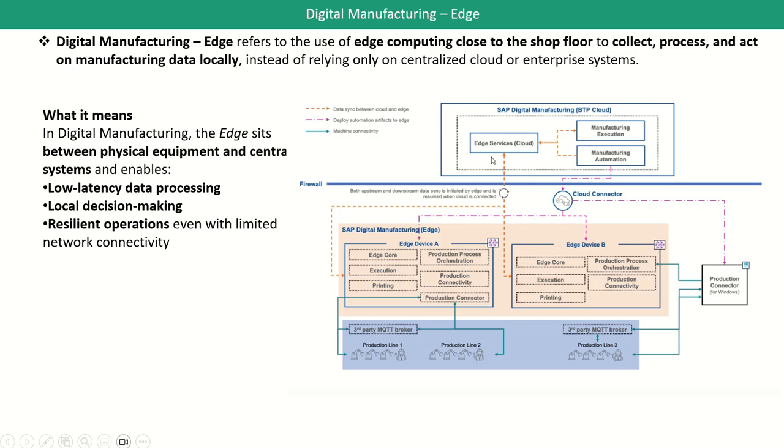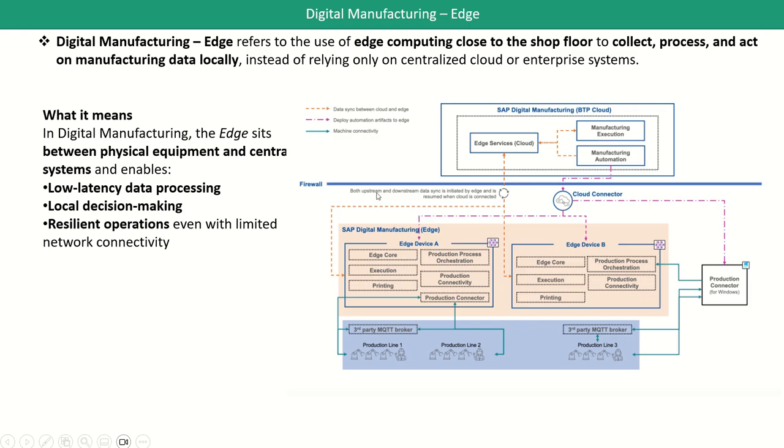Whenever we are doing product manufacturing on the floor, and a connectivity issue comes between the cloud and on premise, all the data will be buffered at the digital manufacturing edge level, and whenever the connection is back, it will post the data to SAP Digital Manufacturing on cloud.